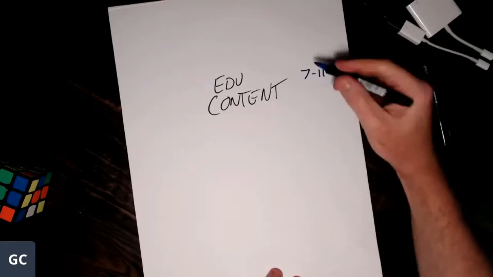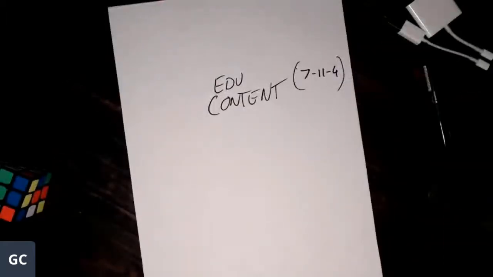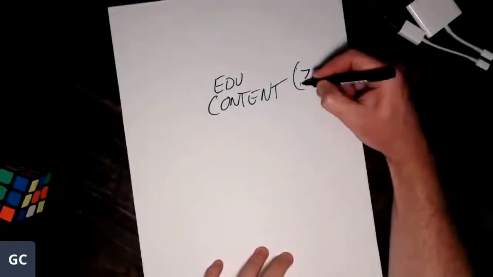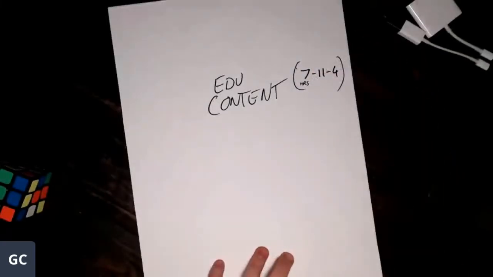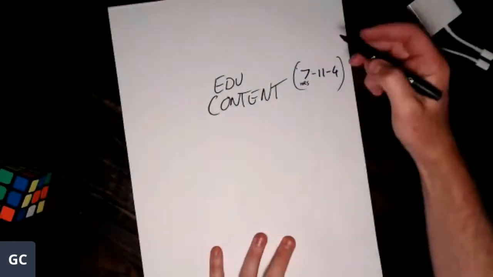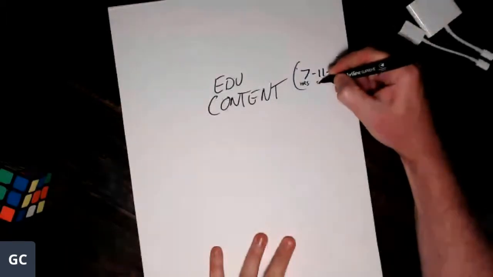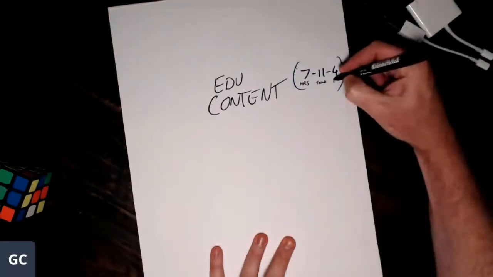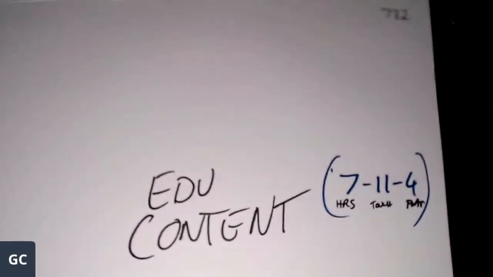A while back, Google did a whole bunch of research, which essentially you can call ZMOT, Zero Moment of Truth, which essentially boils down to, if you can allow someone to consume 7 hours of content across 11 different touch points across 4 different platforms, 7 hours, 11 touch points across 4 platforms.